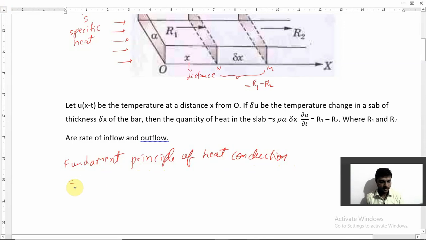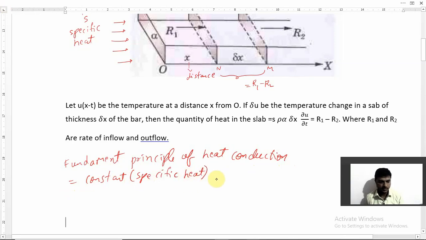What it says is that this is equal to some constant, which is a specific heat constant. I think everybody has come across the specific heat constant.